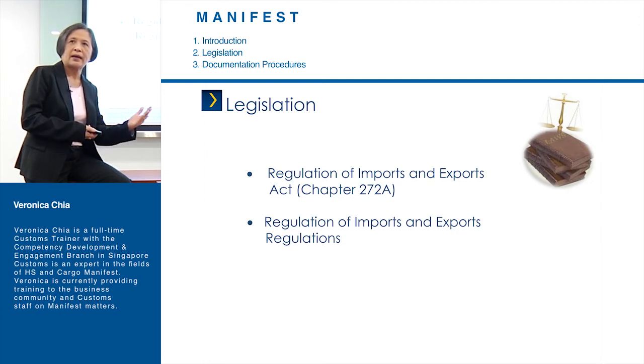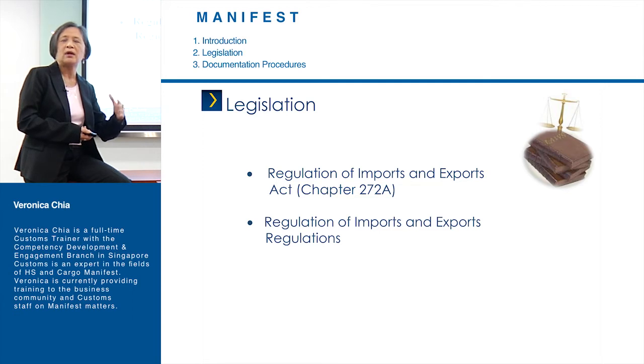It's not like the Act, which takes a few years, and you have to go through a Parliament sitting before it can be approved. Whereas regulations are at the minister's level. For example, mine is under the Ministry of Finance. We just approach and refer to the Ministry of Finance, and he will approve the regulation.